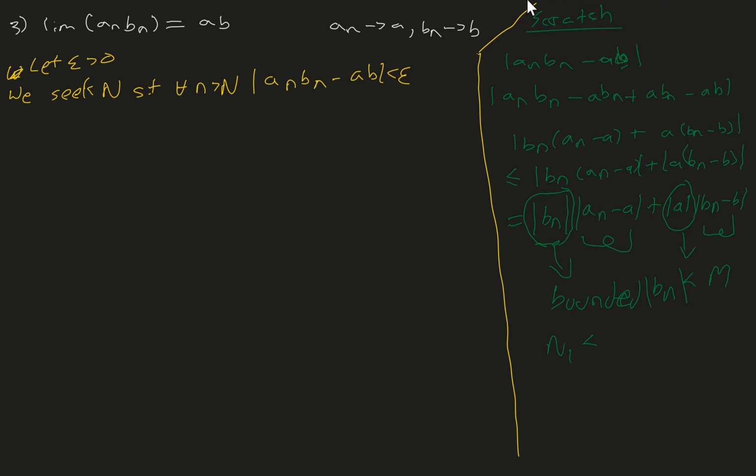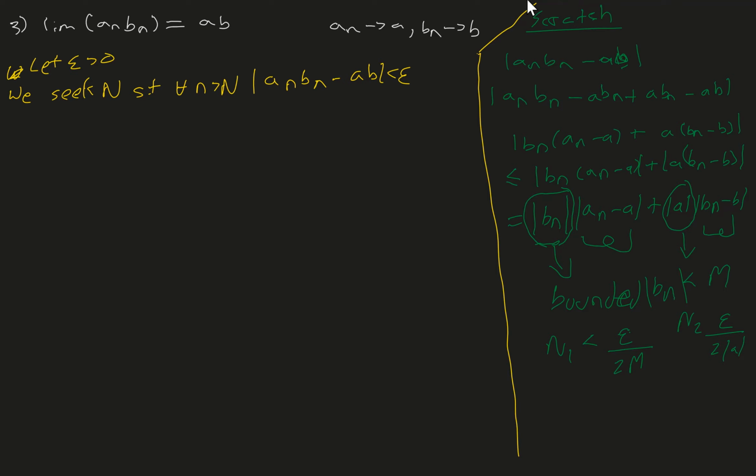So we're going to choose N1 such that |a_n - a| is less than epsilon over 2M, and we're going to choose N2 such that |b_n - b| is less than epsilon over 2|a|. So we're done with the scratch work.